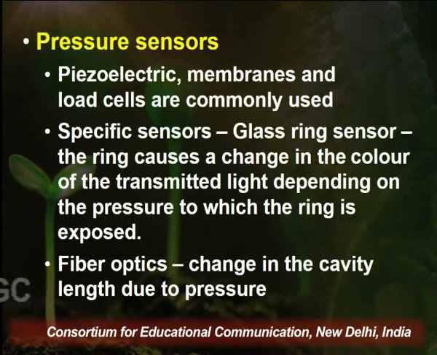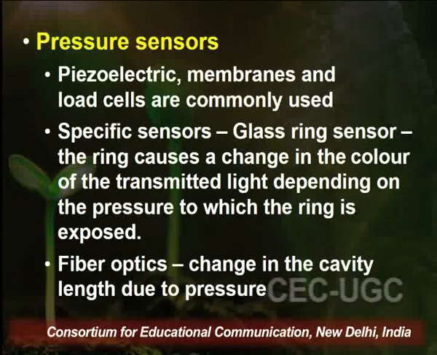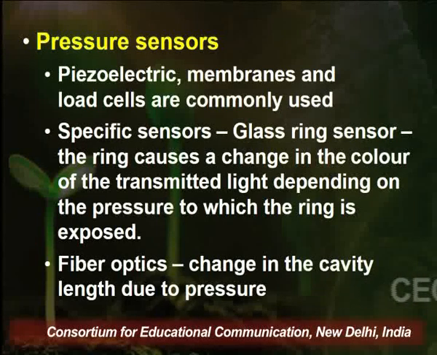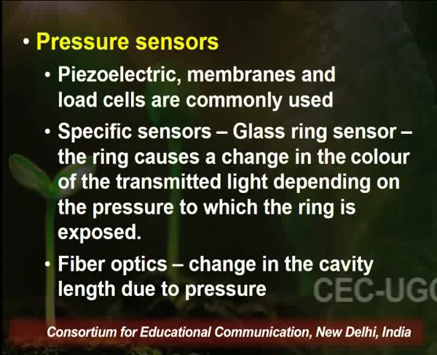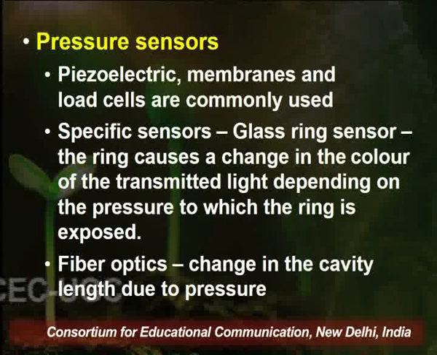Then last but not the least are fiber optics, and these are again very sensitive sensors. The measurement of the change in pressure in the case of fiber optics is largely dependent upon the change in the cavity length of those fibers. Cavity length is nothing but a small part or area of the optical fiber that is surrounded by semi-transparent mirrors.